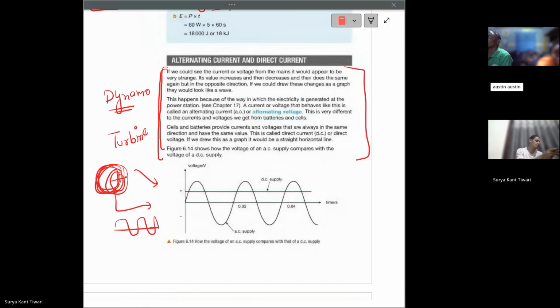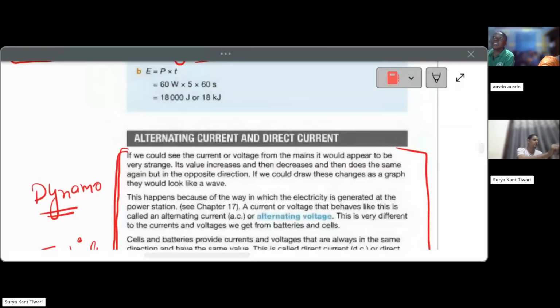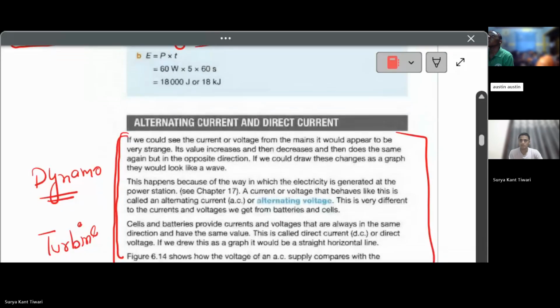Its value increases and then decreases, and then does the same again but in the opposite direction. If you drew these changes as a graph, they would look like a wave. This happens because of the way in which the electricity is generated at the power station.